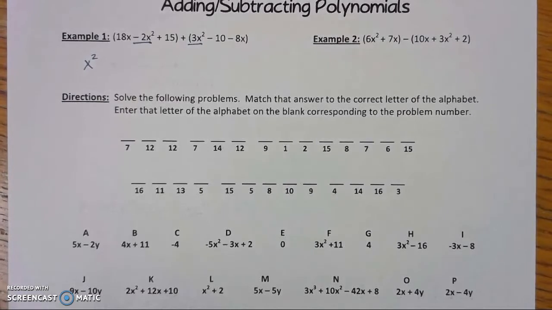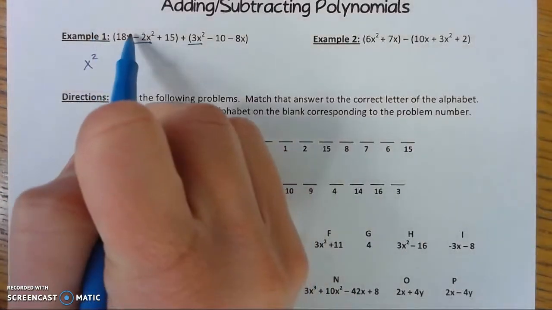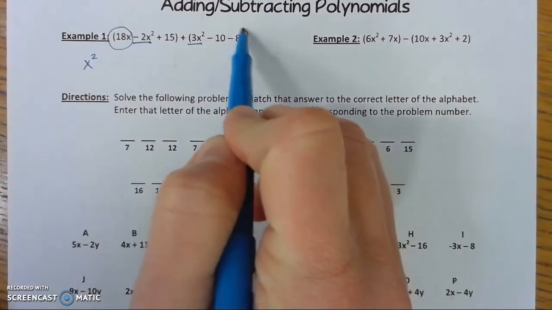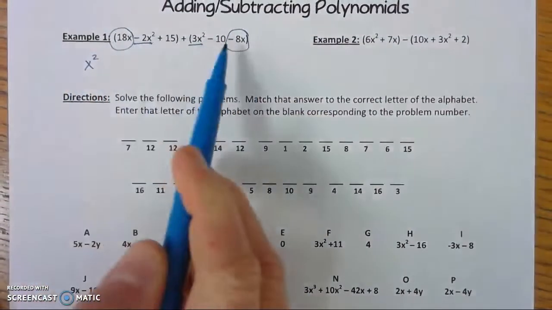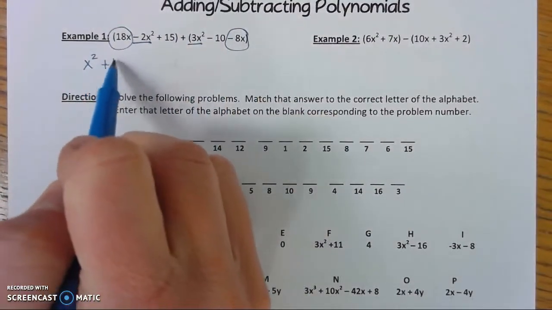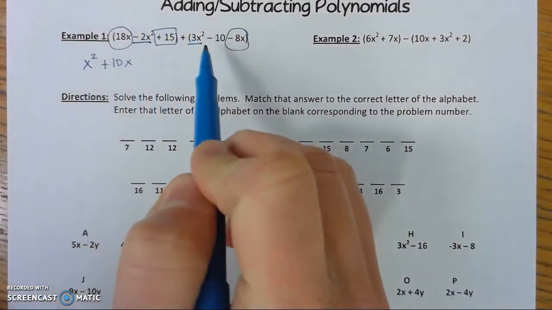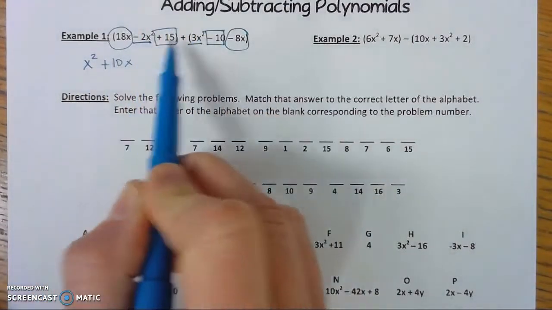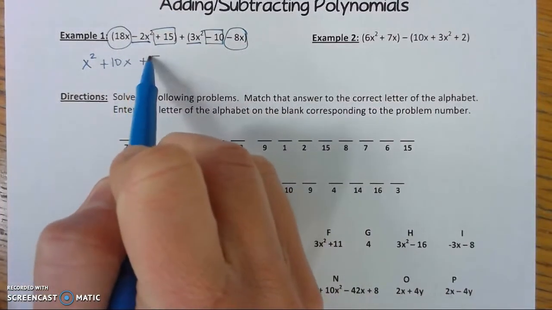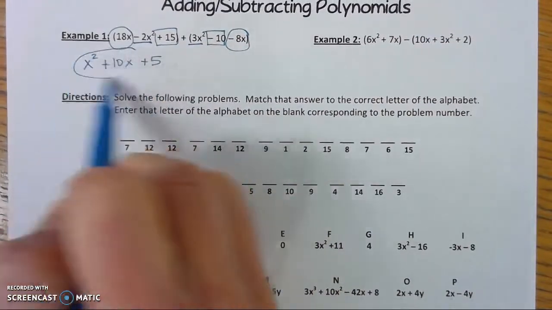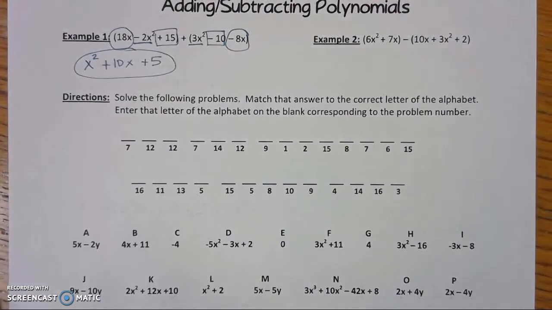Then I see that I have 18x and negative 8x. So 18 minus 8 is 10, so I'm going to have plus 10x. And then I see my constants are 15 and negative 10. So 15 minus 10 is plus 5. Okay, and that's going to be my final answer for addition.